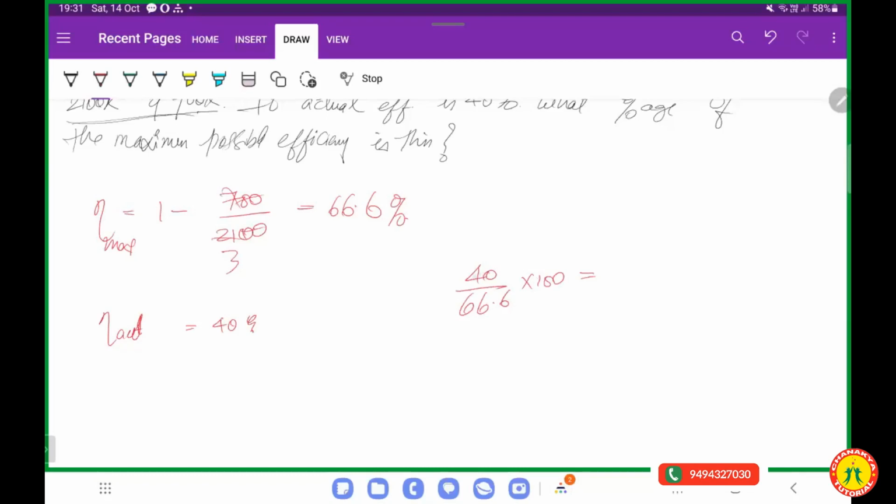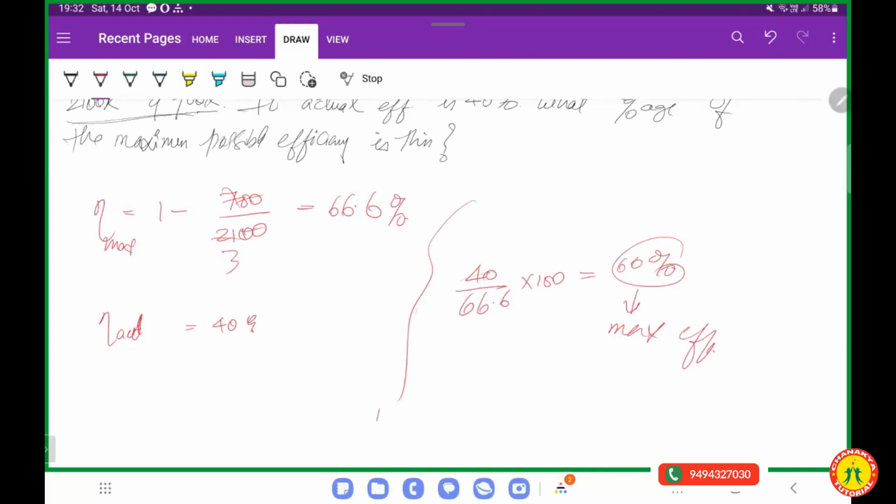So it will become 220, and it will go by 3. So 60 percentage. What is 60 percentage? The maximum efficiency of this engine.